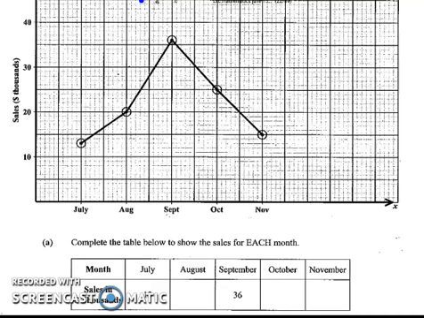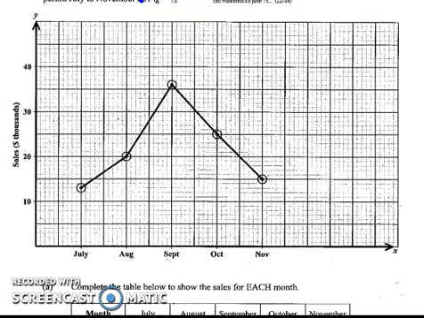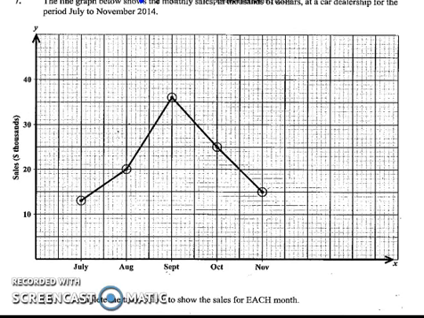So A says, complete the table below to show the sales for each month. All right. So the scale on the y-axis is 2 centimeters to 10 units. Every centimeter is divided into 5 equal parts, so 2 centimeters is divided into 10 equal parts.